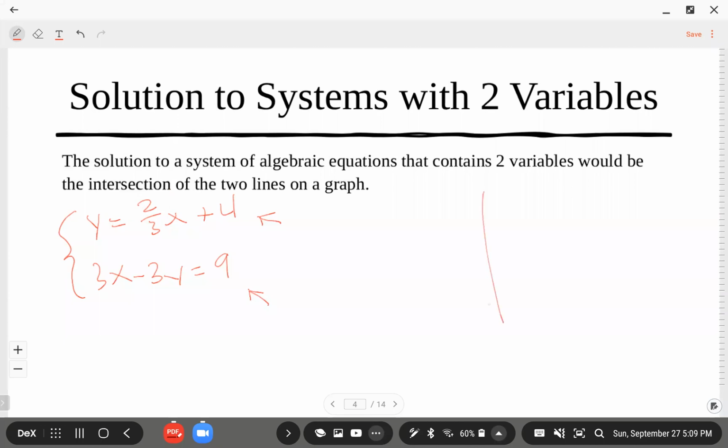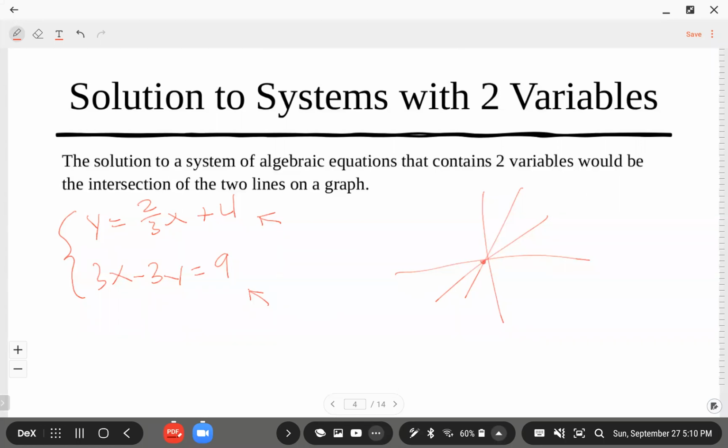And one of the lines will probably be like this, and one of the lines will be like this. In the intersection point, this is just an example. I'm not actually drawing the lines. They probably don't look like that. So the intersection point is somewhere around here.